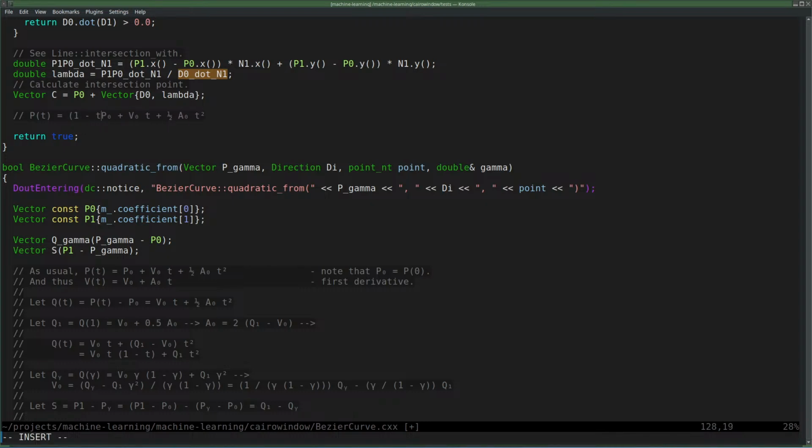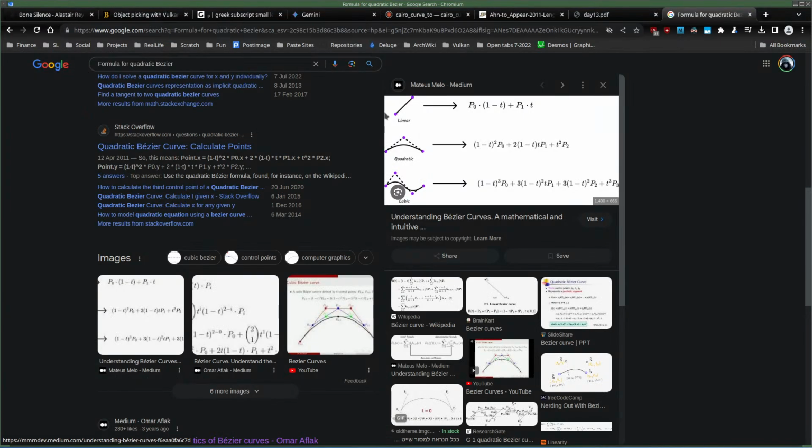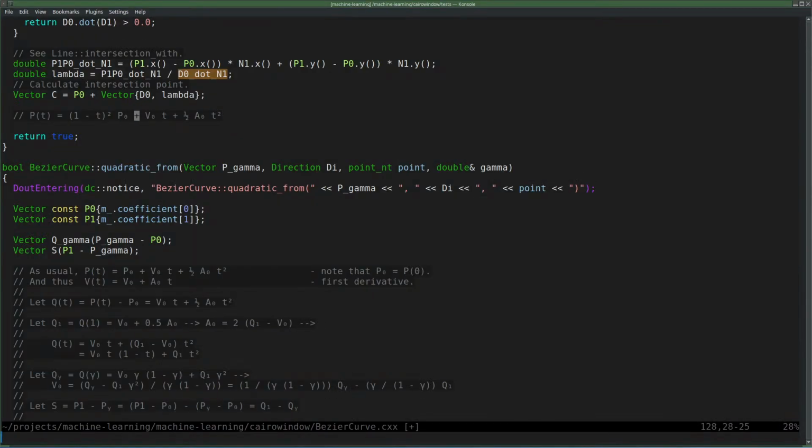1 minus t to the power 2 times p0 plus 2 times 1 minus t times t, I suppose. Yep. Times p1.